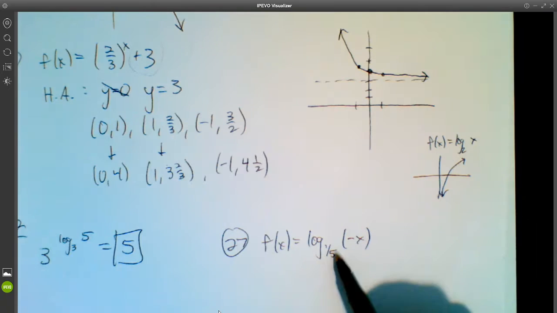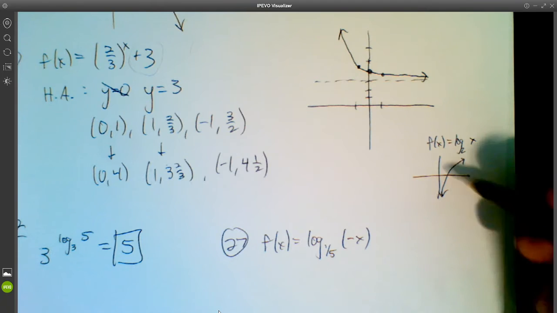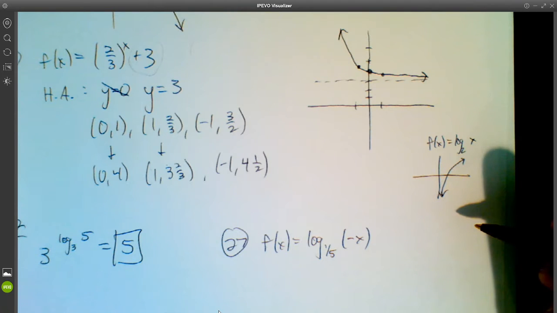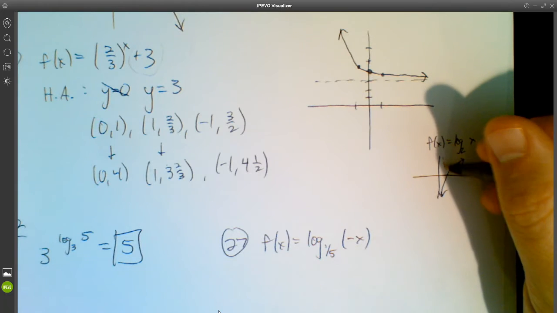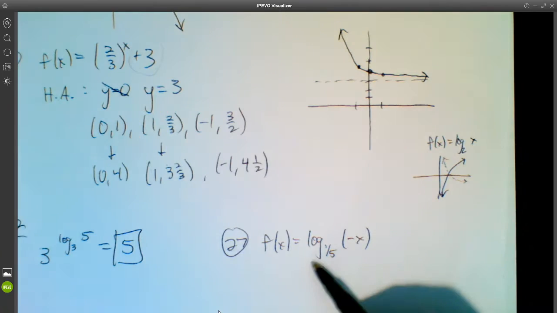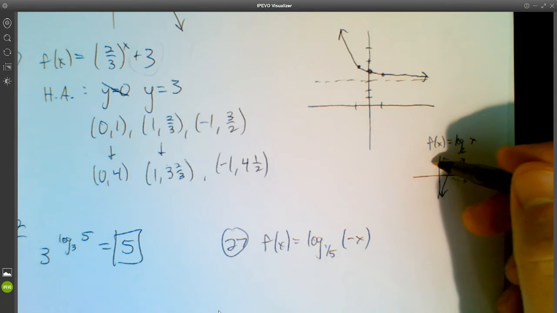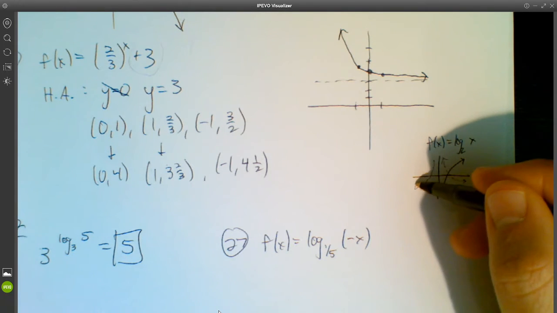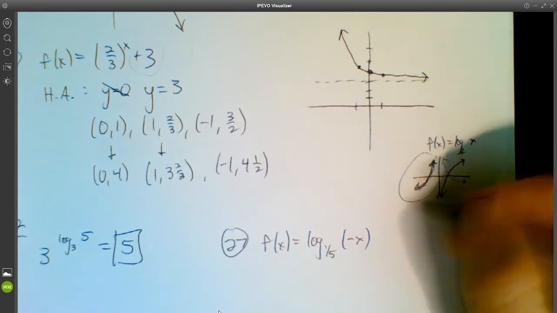What's different about this one is that the base of our logarithm is 1/5, so it's not going to do this same thing. What would it do? It's going to go kind of in the other direction, like this. Okay, that would be log base 1/5 of x. But then the other thing that's different is that this is log base 1/5 of negative x. So actually this whole thing is going to be reflected across the y-axis. So this is sort of going to be the final answer, I think. Is going to look something like this one over here.